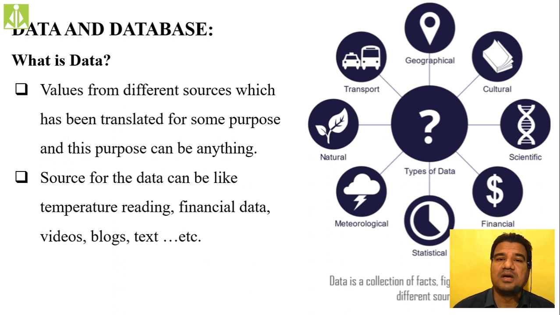Based on some data only, based on some values and records only, they do the prediction of how the crime rate in a particular region is going to be, whether it is going to increase or decrease. Based on some evaluation only they will do that, and that evaluation is based on data only.